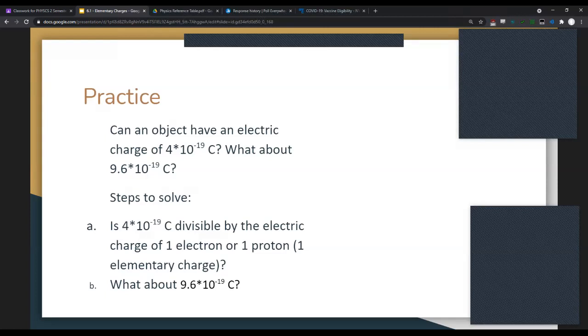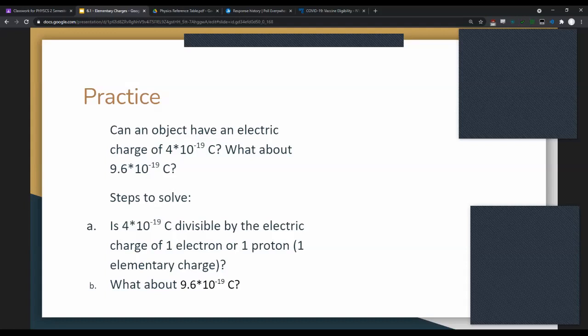Yeah, it's definitely possible to have 2 electrons. It is impossible to have part or half of an elementary charge. You cannot have a partial amount of an electron.